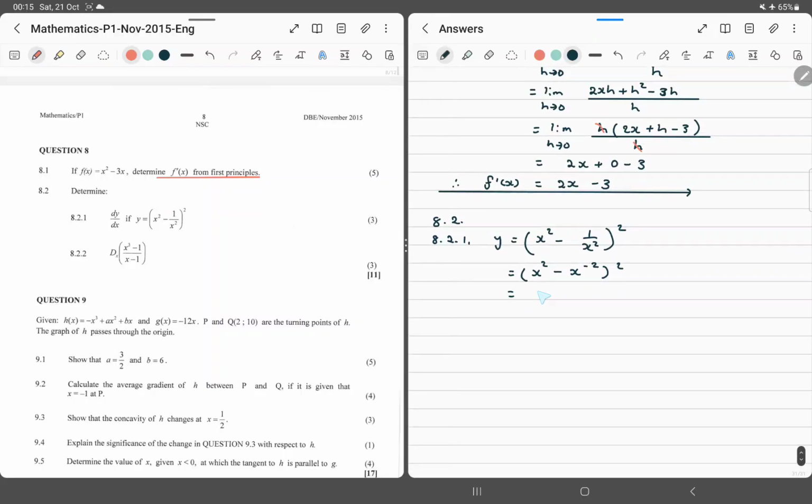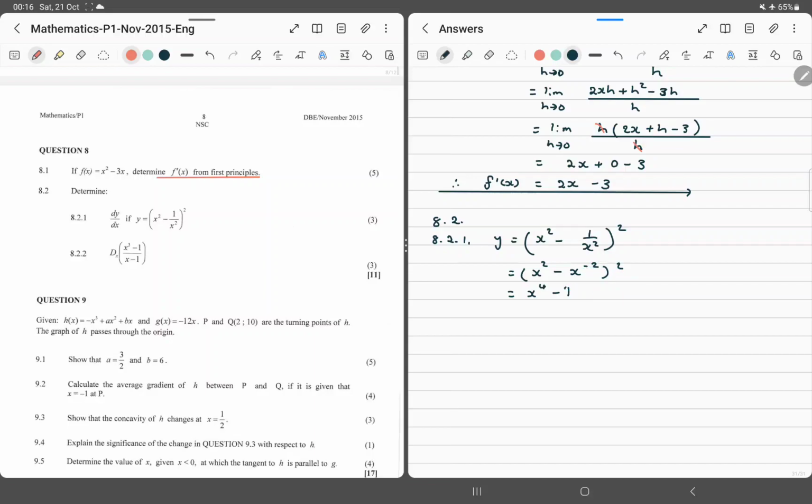And then we FOIL it out, so this is going to be x to the exponent 4. This times that, same base, we simply add the exponents, it becomes 0. So x to the exponent 0 is 1. So we've got minus 1 here.